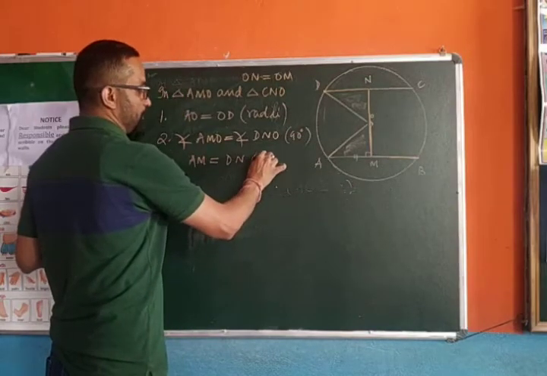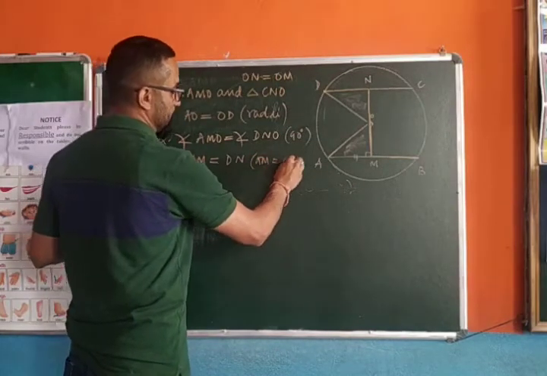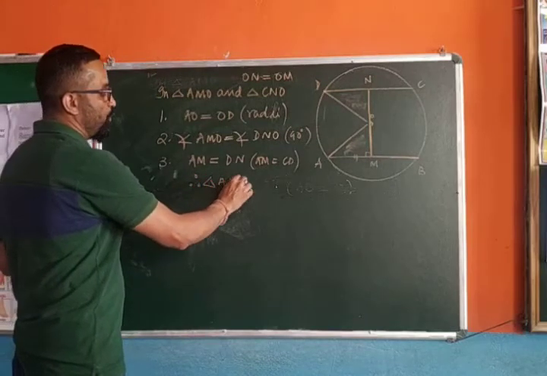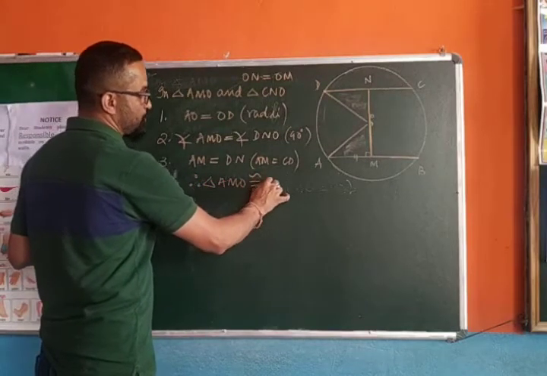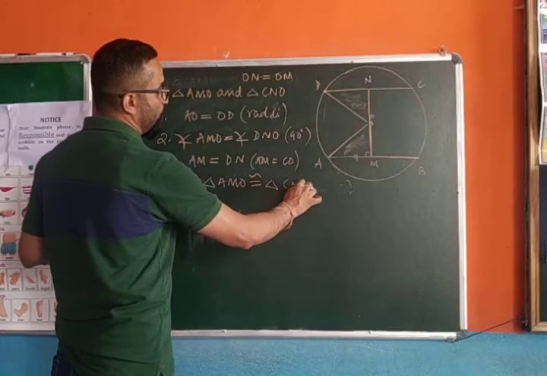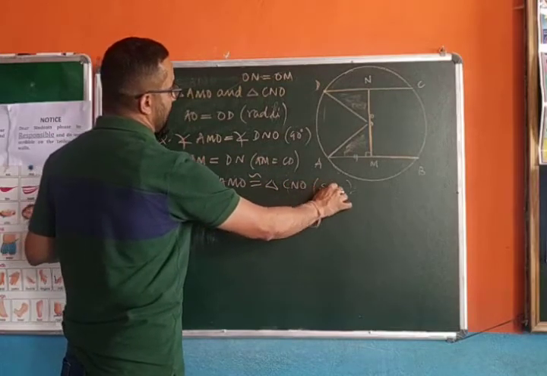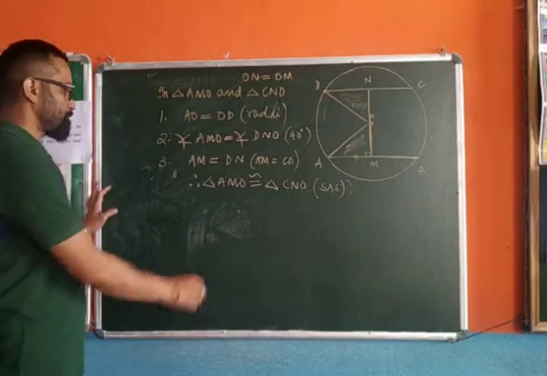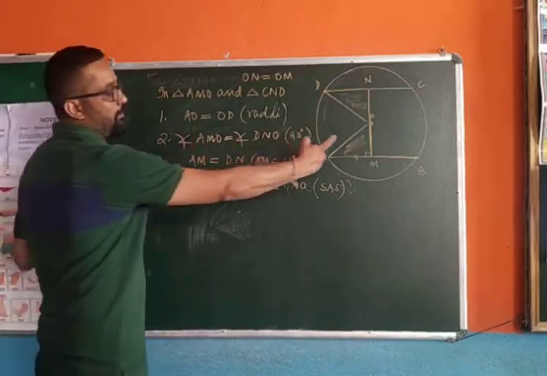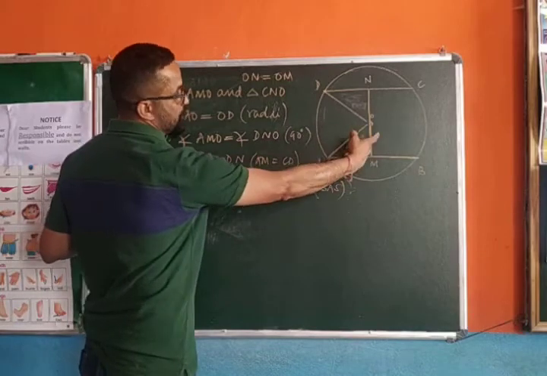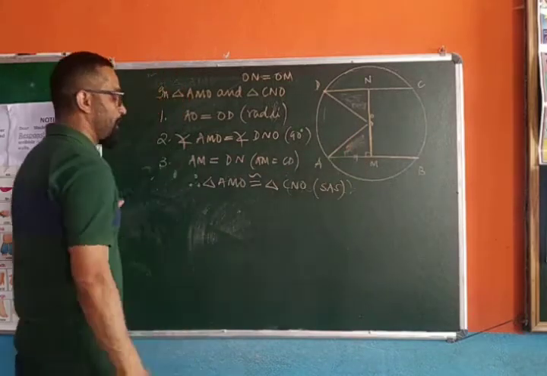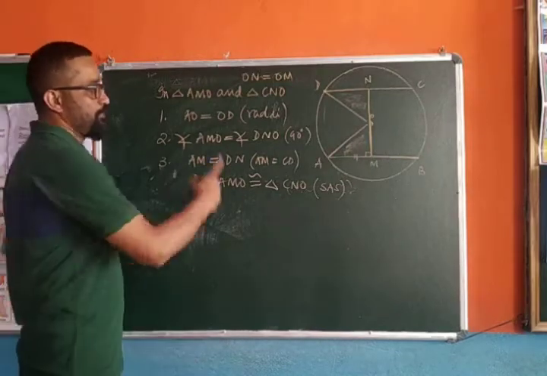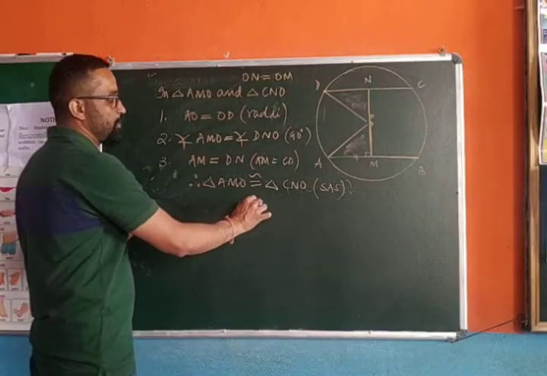So AM is equal to CD. Therefore, triangle AMO is congruent to triangle CNO. It is the side, angle, side rule of congruency, or RHS, right angle, hypotenuse and side. Once you prove triangles are congruent to each other, corresponding sides are equal.